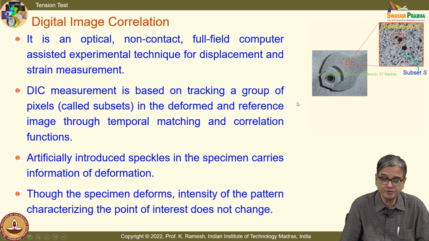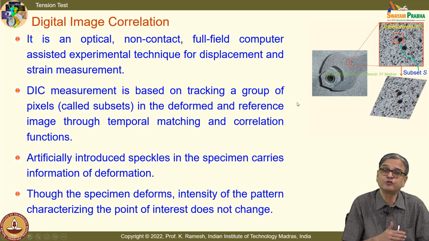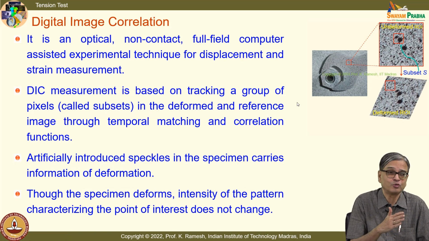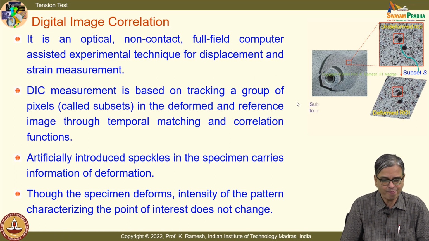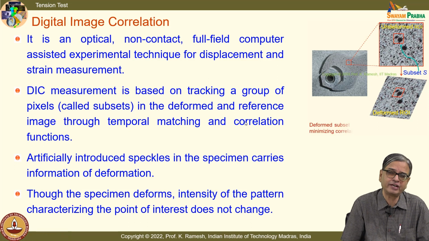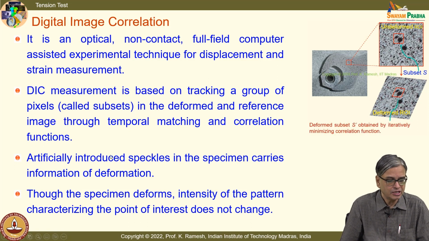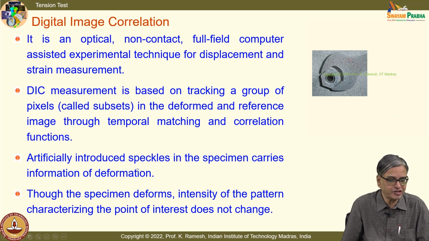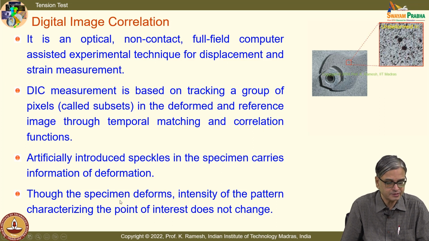The size should be controlled, and if you change the size, you can also work on different length scales. These are all the advantages. Particularly for very large deformation, the image correlation is very good. So, like I said, artificially introduced speckles in the specimen carry information of deformation.